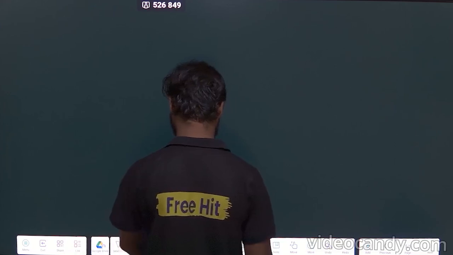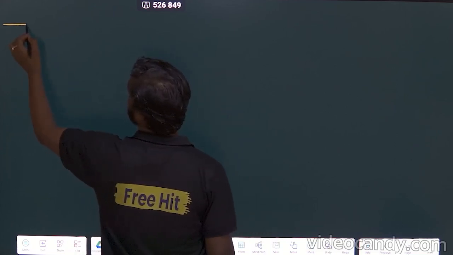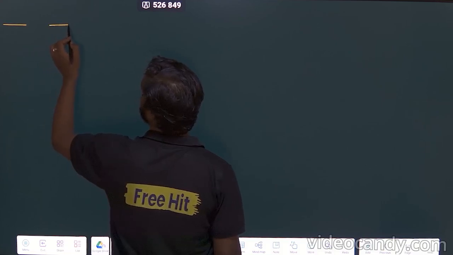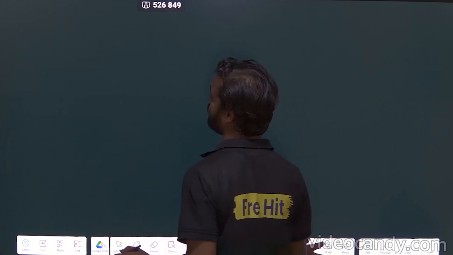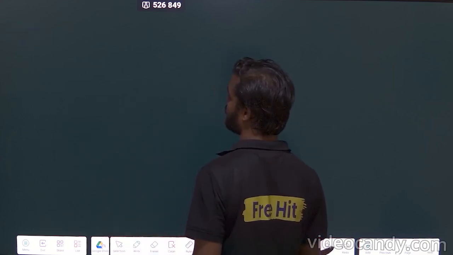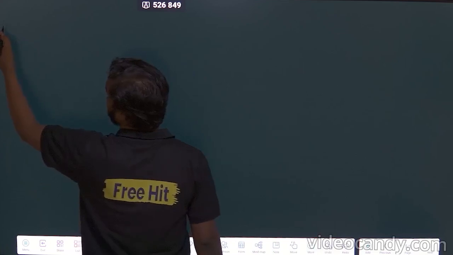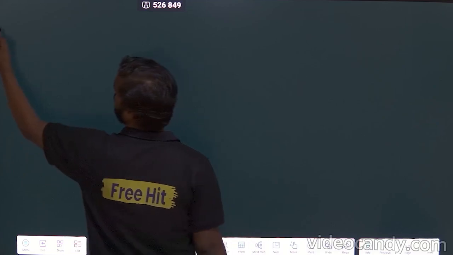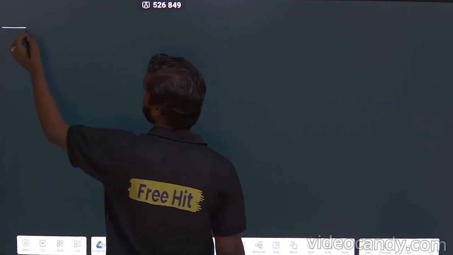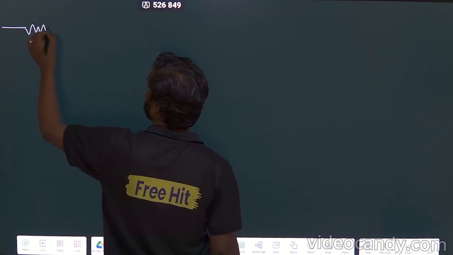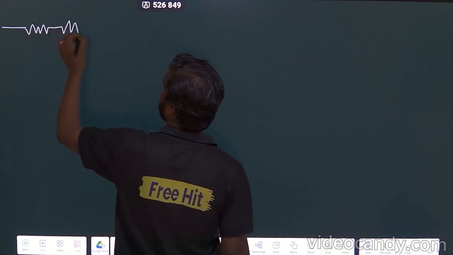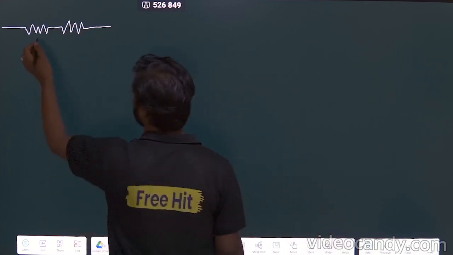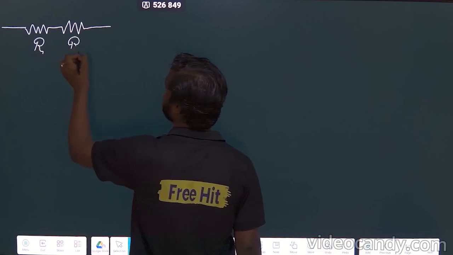Okay, it is easy to use this thing. I want to draw something, but let me try to draw. I'm sure it does not look like a resistor. Let us assume it is a resistor R1 and this is resistor R2.